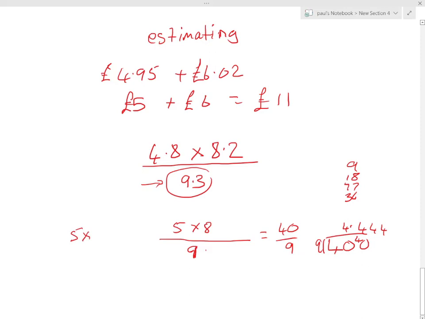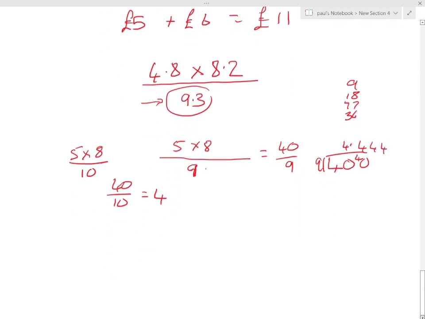So we get 5 times 8 divided by 10, which is 40 divided by 10, which equals 4. Which is not bad. 4.444, so that 4 will be a good estimate. So look at the numbers carefully and round them up and down, or estimate the numbers, so that you get something that divides into easily and makes life easy for yourself. That's all that estimating is.